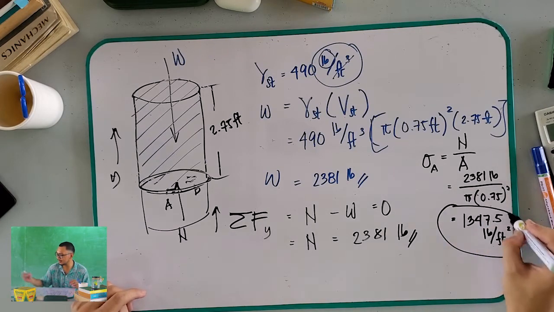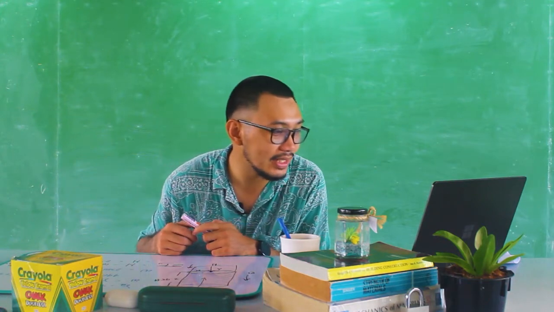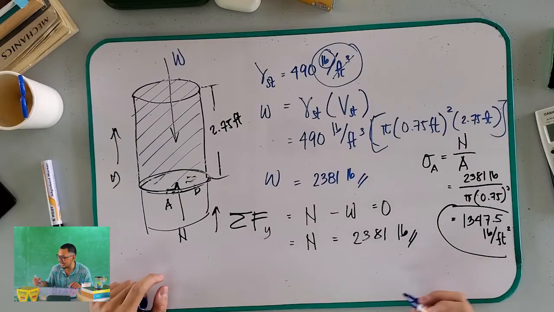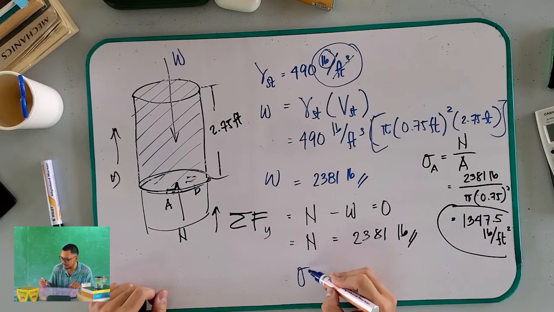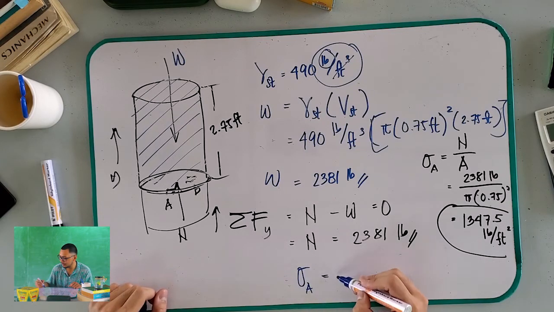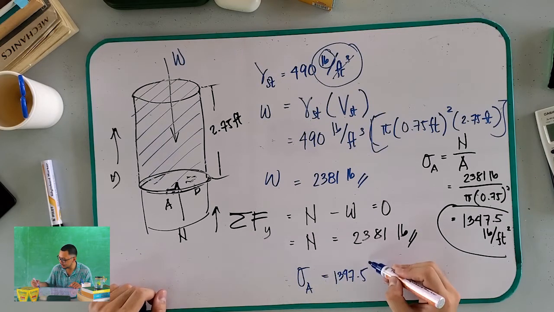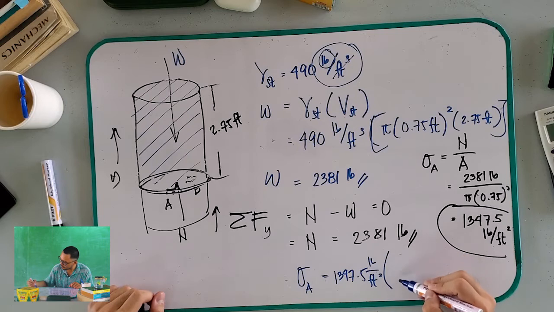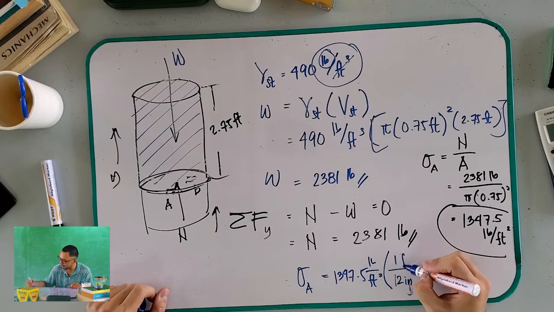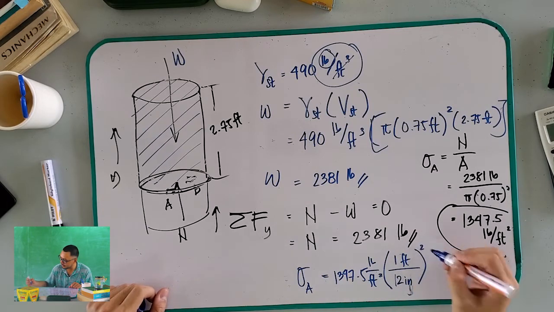If we want to convert it into PSI, then all we have to do is, there is no space, sigma A is equal to 1,347.5 pounds per feet squared times 12 inches over 1 feet, squared.